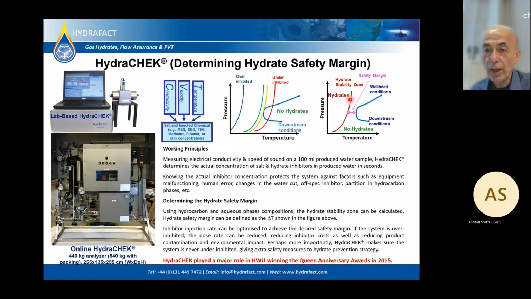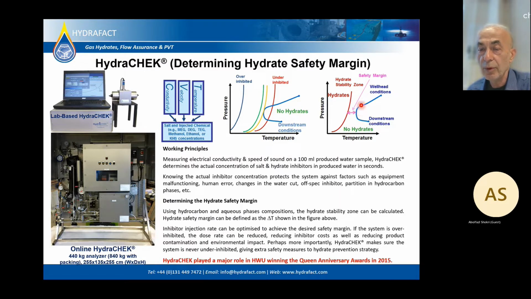So this is the hydrate phase boundary. And this is, we assume, the pipeline condition. The fluid that comes from the reservoir is warm and at high pressure, and as it moves to downstream condition, it can go through various conditions of pressure and temperature.